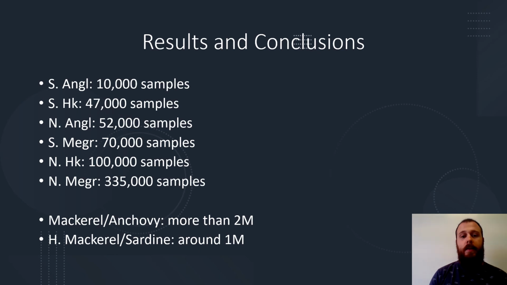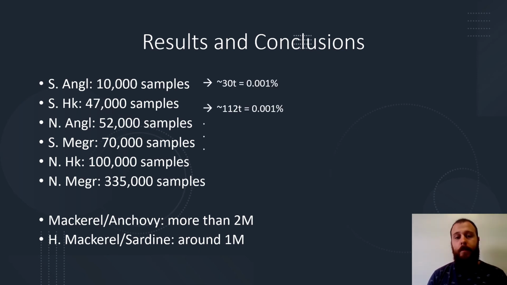Well, this translates into around 0.001% of the total catches reported last year for southern anglerfish, and also for southern hake, as you see. And this doesn't grow a lot for the rest of the cases. So it seems like it's not that much.